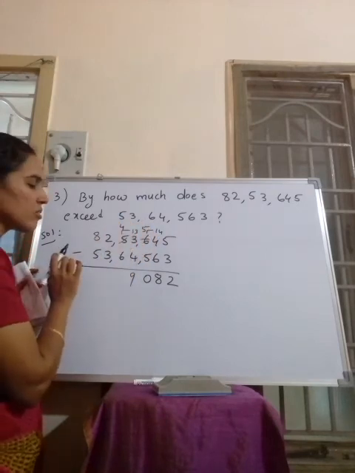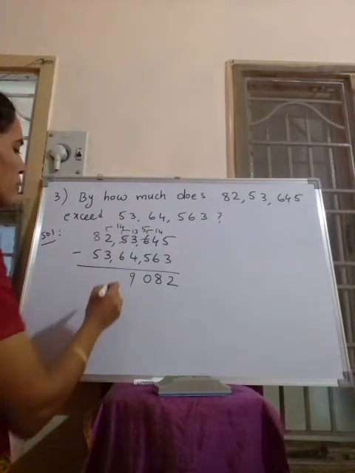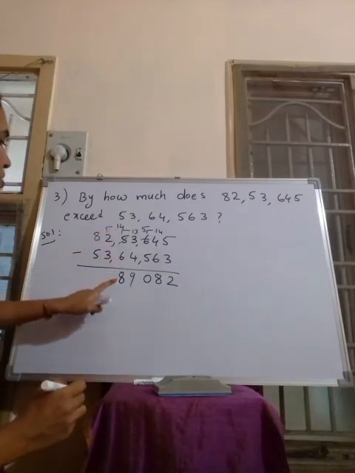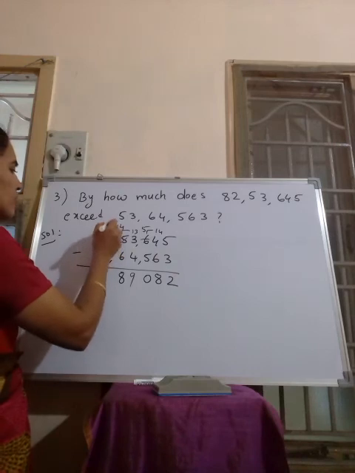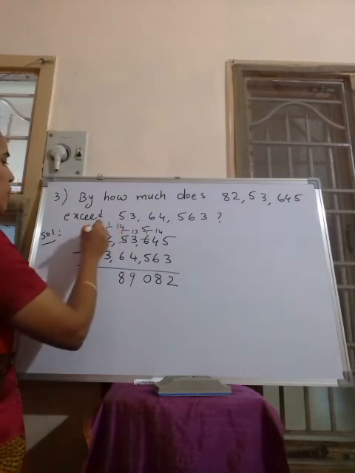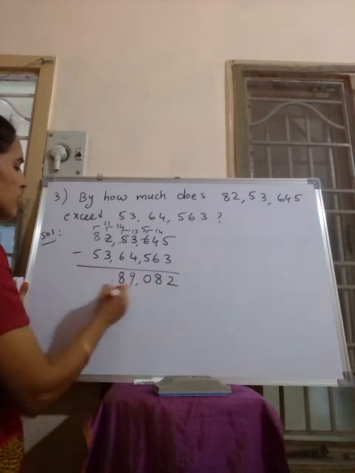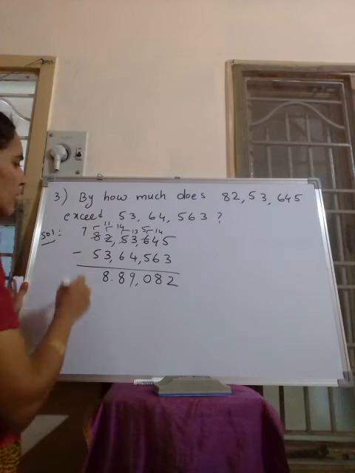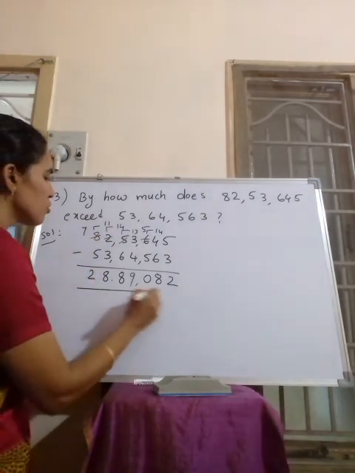Again 6 we cannot subtract from 4, borrowing again, 14. 14 minus 6 is 8, that is 6 plus 8 gives 14. Now left with only 1, borrowing again, 11. 11 minus 3 is 8. Now here already from 8, 1 borrowed, left with 7. 7 minus 5 is 2.